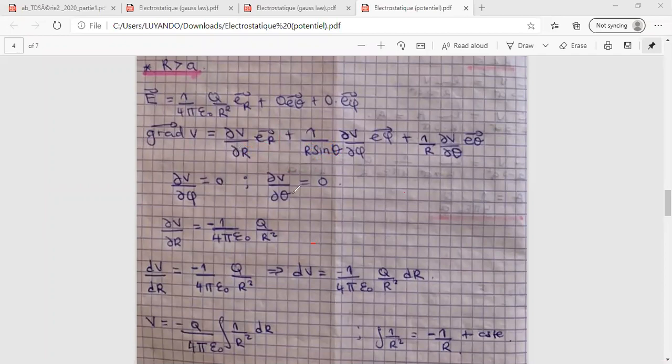My partial change dV over d theta is also going to be 0. And then for dV over dr, I have something in the direction of e_r. Don't forget I said my E is equal to the negative of grad V.